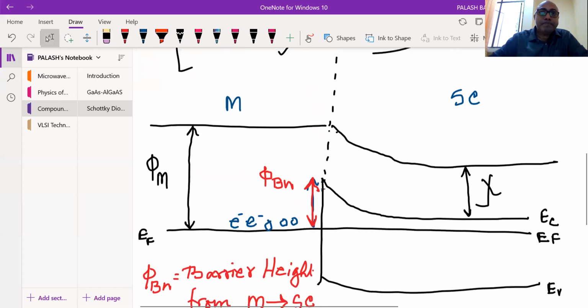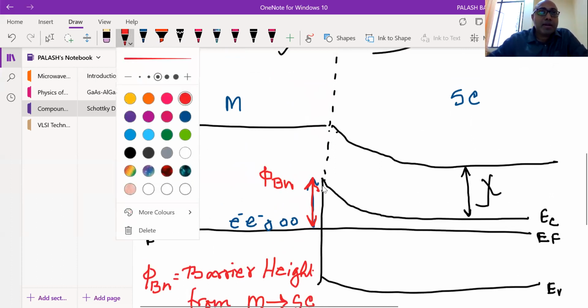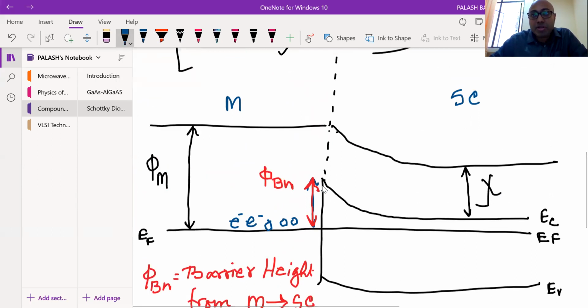Similarly, if some electrons are over here and want to go from the semiconductor to the metal side, they have to cross this amount of barrier, which I am calling VBI. No, sorry, because I have to draw on the energy scale, it is qVBI, the built-in potential.